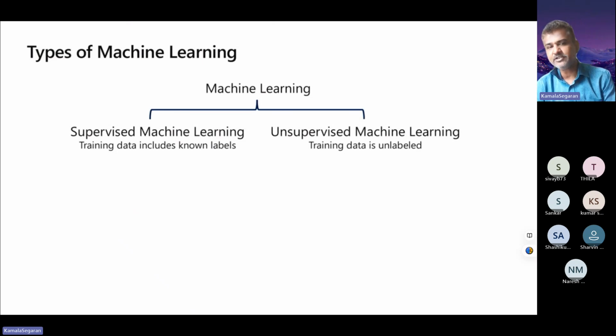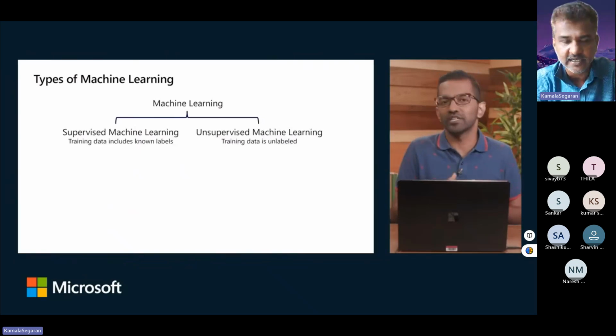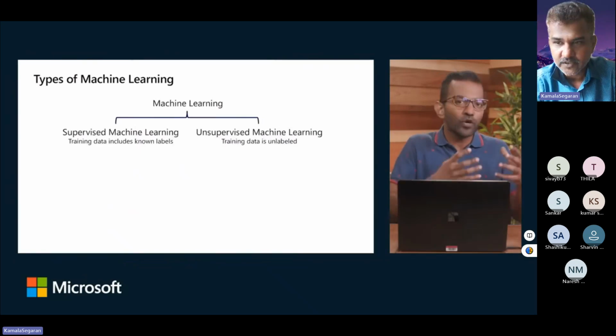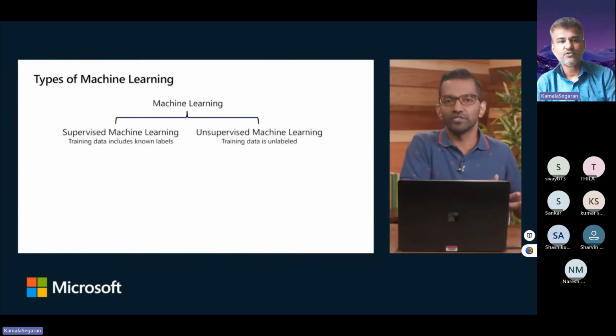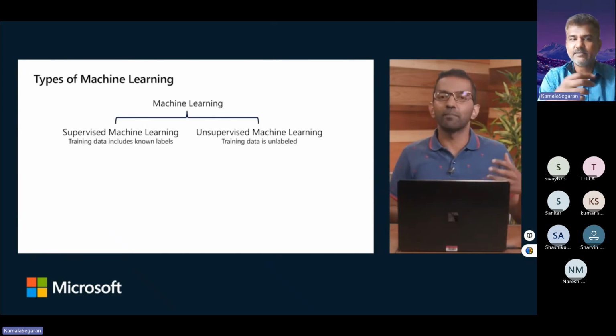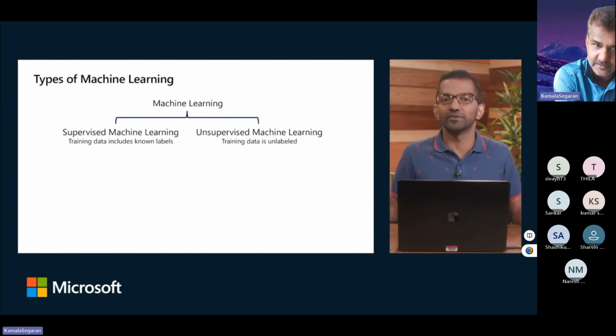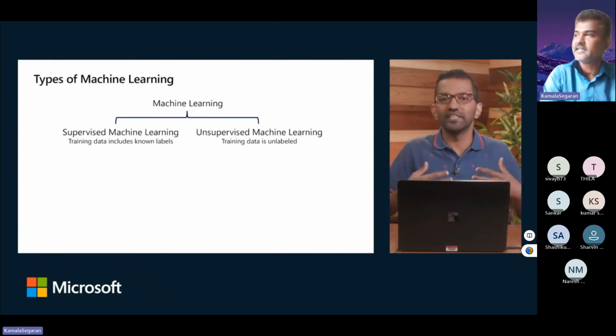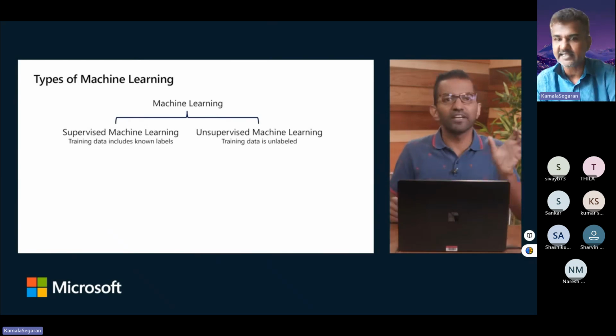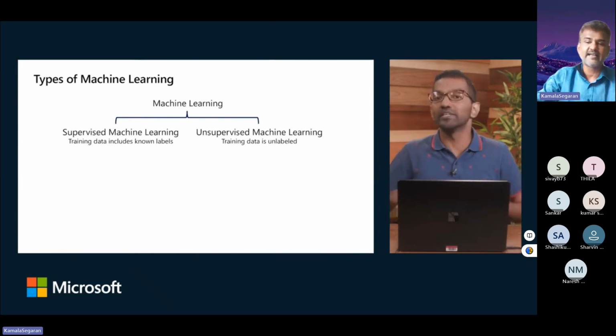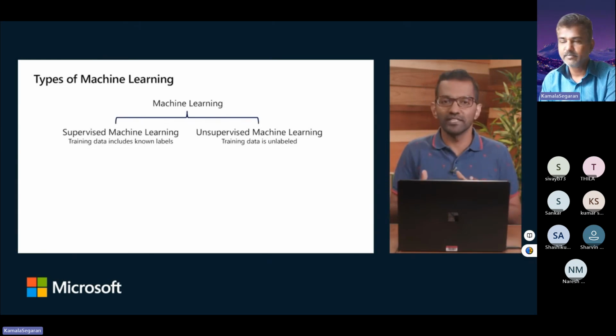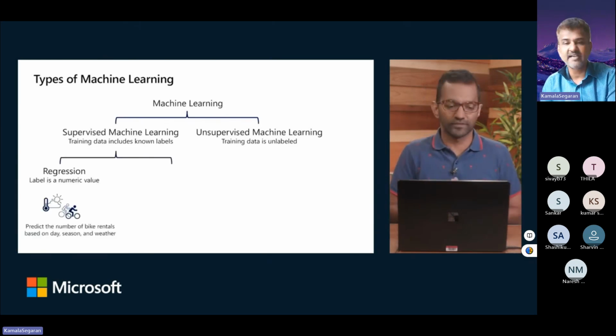And in machine learning, you have two types: supervised and unsupervised. What is supervised and unsupervised? When you train your AI using data that has a known label, that is supervised. That means I know what I'm training for: I'm trying to recognize cars, human beings, a plant.